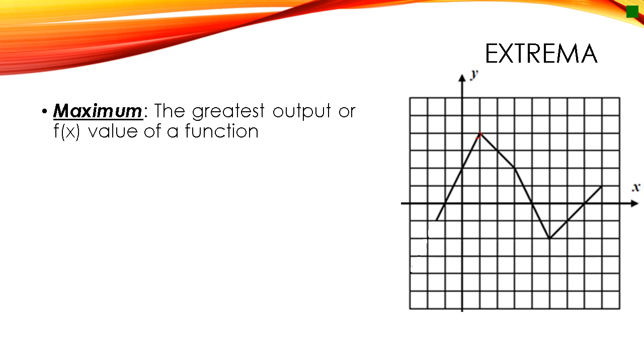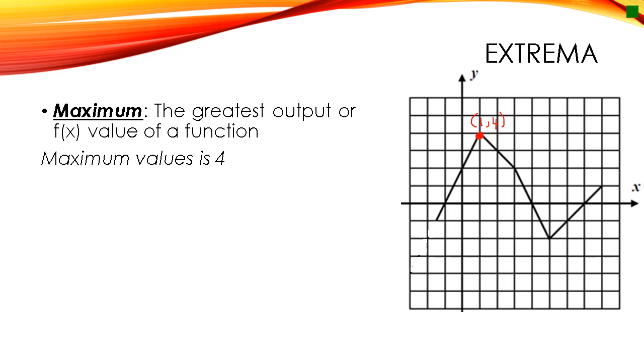Looking at this graph, we see that this point has the maximum y value. This point is (1, 4). That means that the maximum is represented by the y value of this point, which is 4. So the absolute maximum value for this function is 4.